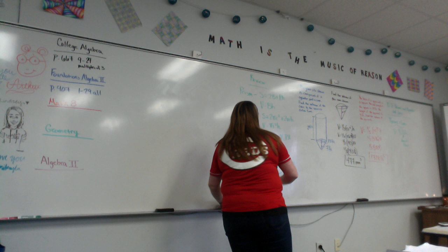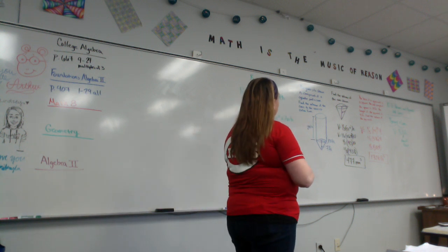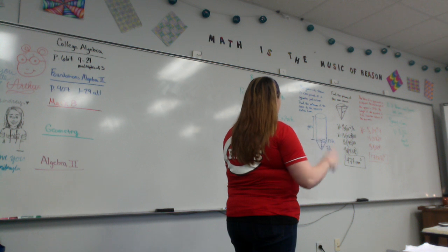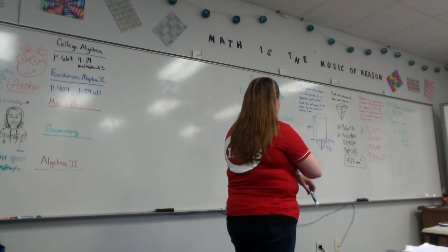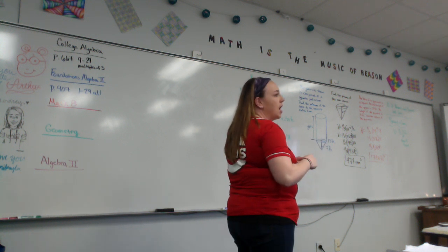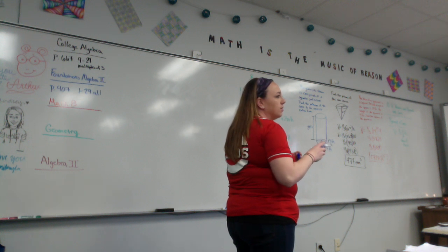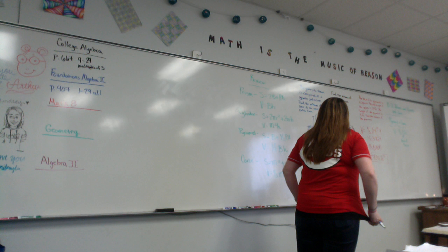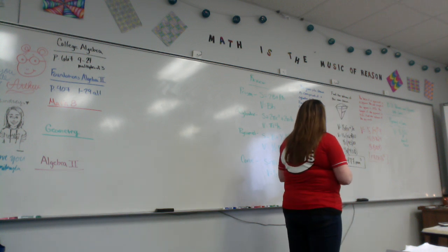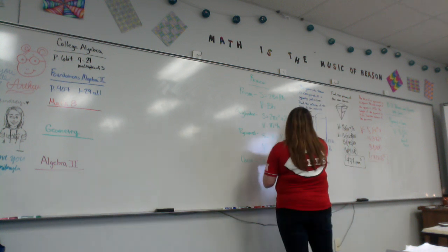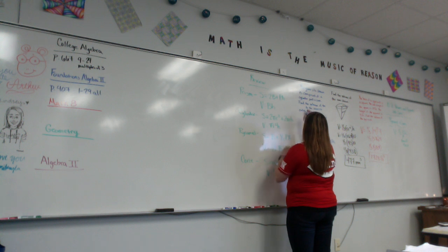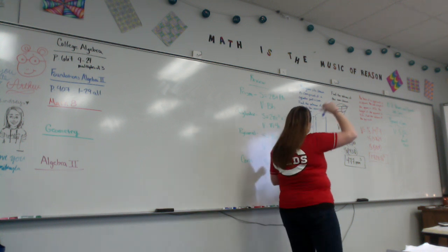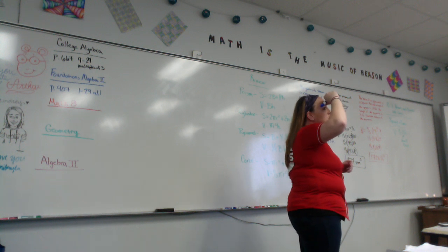Okay, this one's going to take a little bit more thinking. It says the grain silo shown is composed of a cylinder and a cone. Find the volume of the cone to the nearest cubic foot. How can I do that? You have to get the radius. So you have to do the cone's volume and the cylinder's volume and add them. But let me ask you a question.